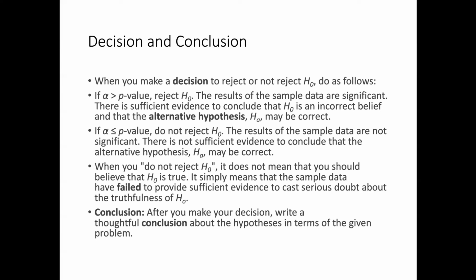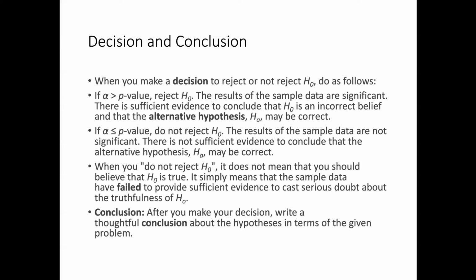So if alpha is greater than the p-value that you calculate based on your sample data, you reject the null. Your data is significant, and it's sufficient to conclude that the null hypothesis is not correct, and the alternative is. So typically we say the sample data is significant and supports the conclusion, whatever the alternative hypothesis is.